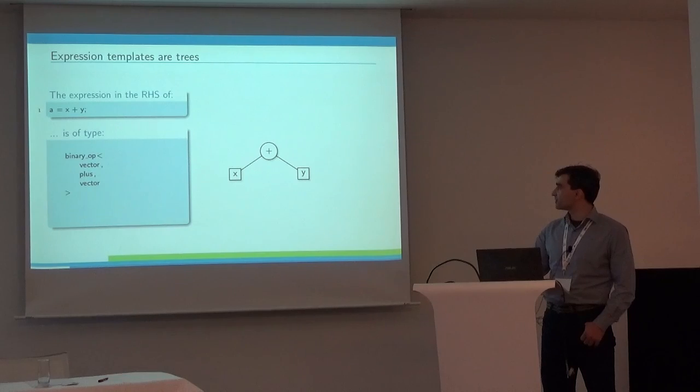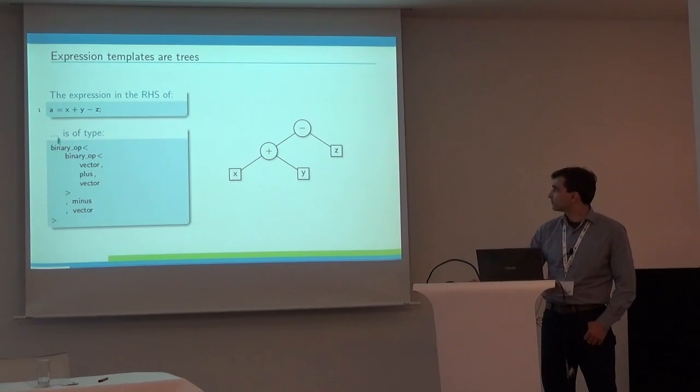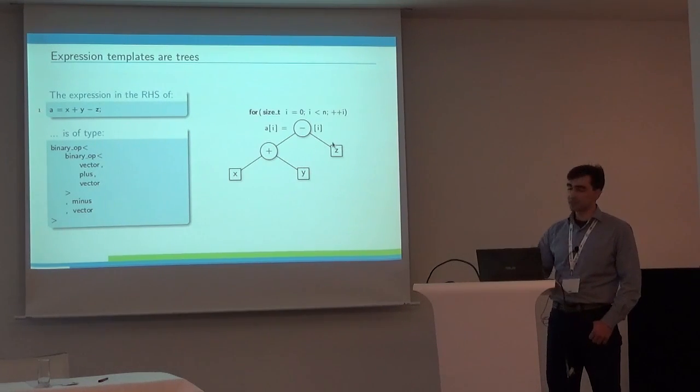They are in fact trees because the expression on the right-hand side of this assignment operator has the binary operation between vectors, and they should be added. And if you subtract z from this, then it will be a binary operation between that binary operation and another vector, and the results should be subtracted. Yes, so we have a tree of this form.